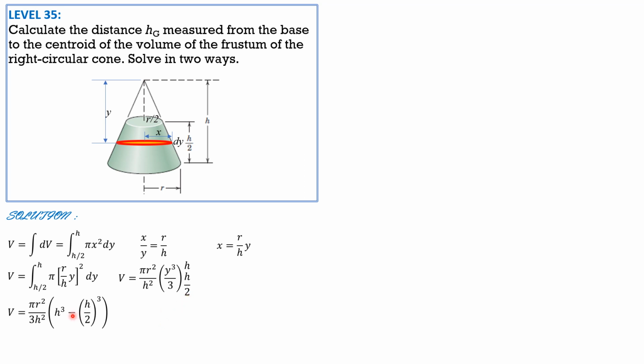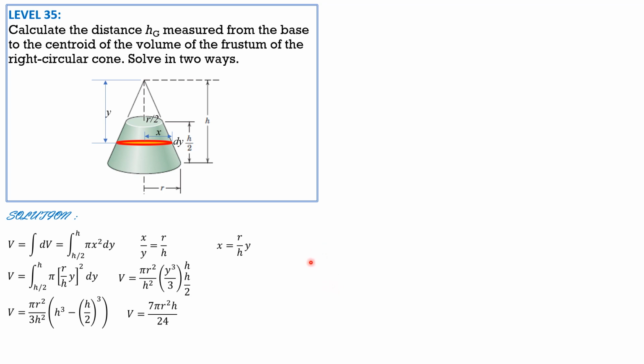So this is h cubed minus h cubed over 8. So 7 over 8 h cubed, cancel h squared. So volume: 8 times 3 is 24. So 7 pi r squared h over 24. So that's the volume, 7 pi r squared h over 24.